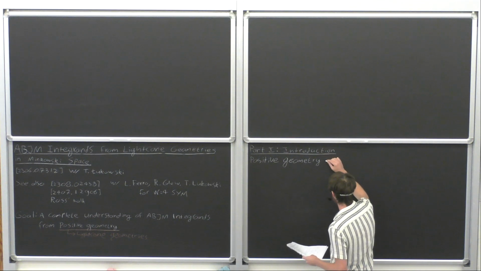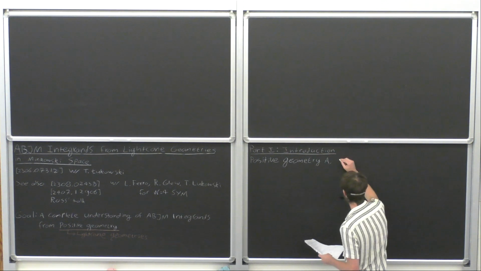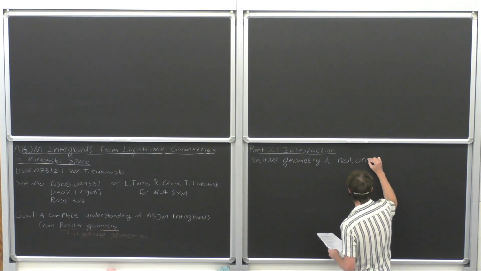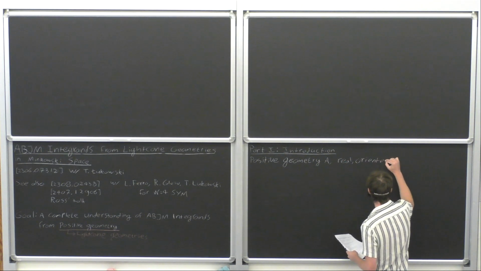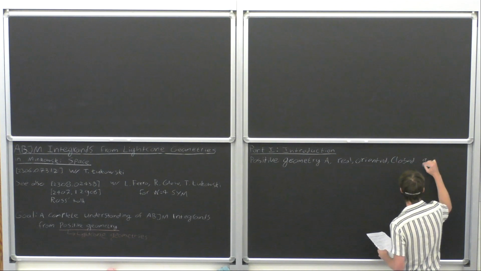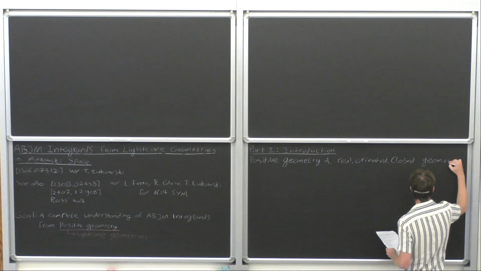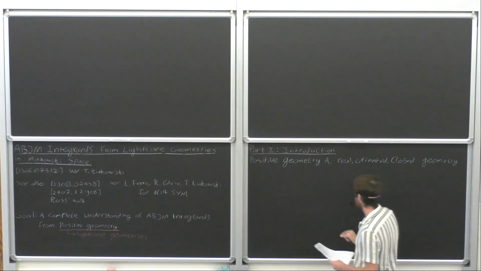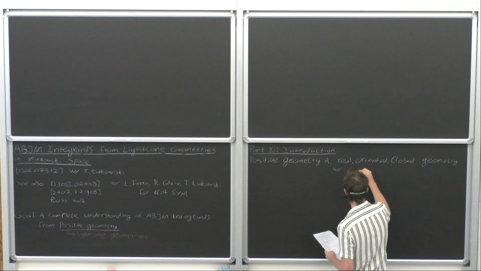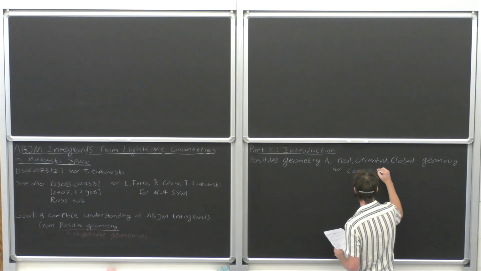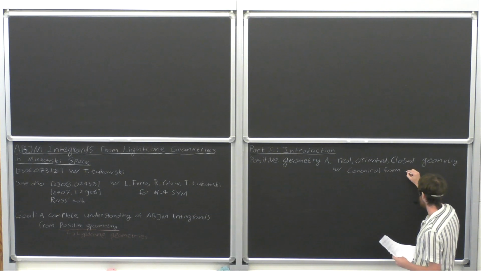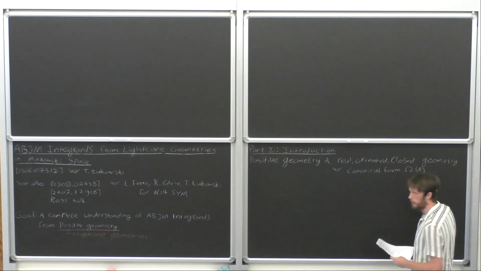A positive geometry, which I will call A, is a real, oriented, closed geometry with a canonical form, which I will denote omega of A.